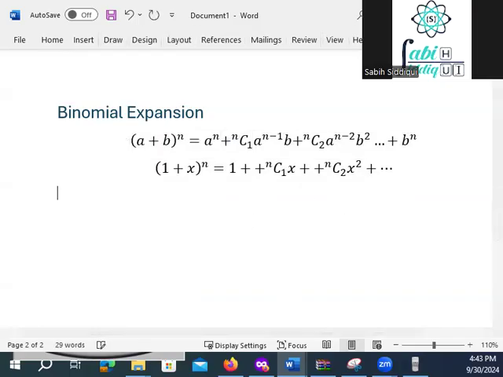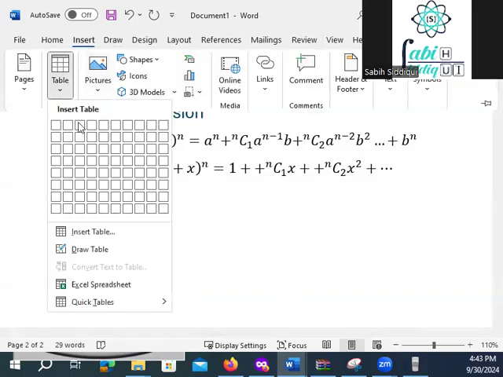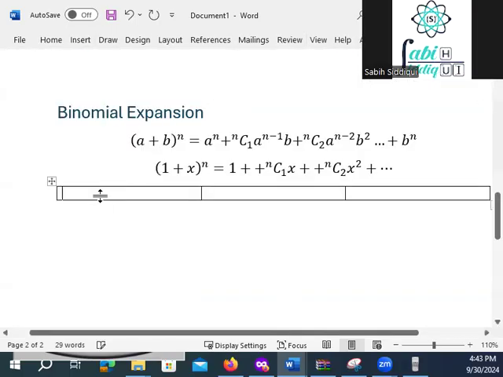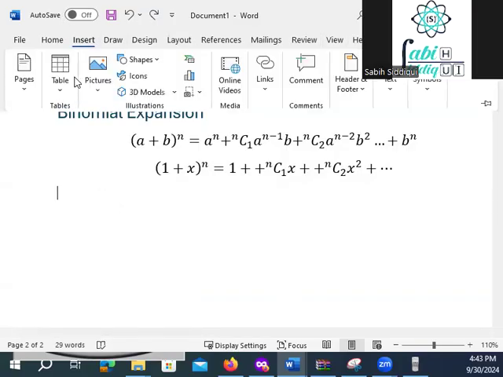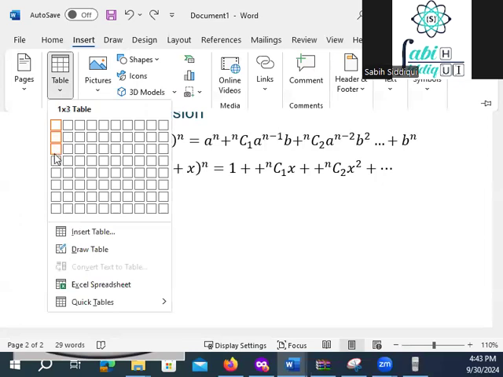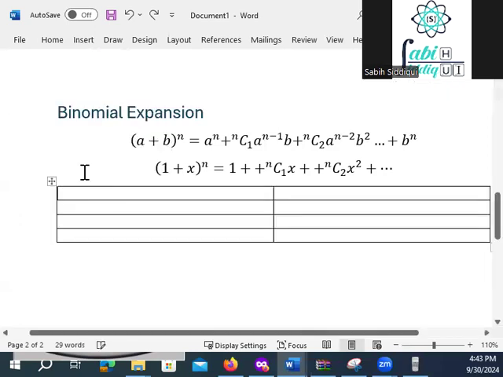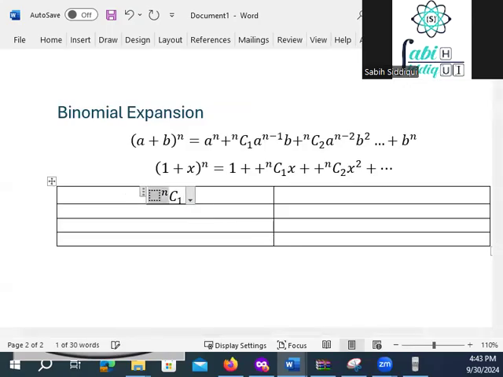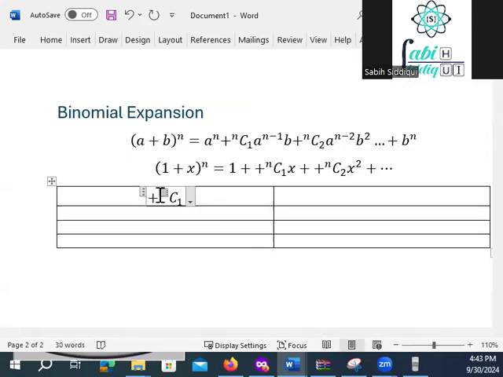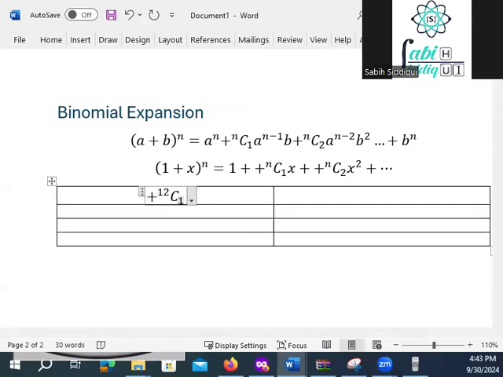पहले इस basic method को देखो, which is a part of your AS में S1 में भी आता है. For example, I give you 12C3.